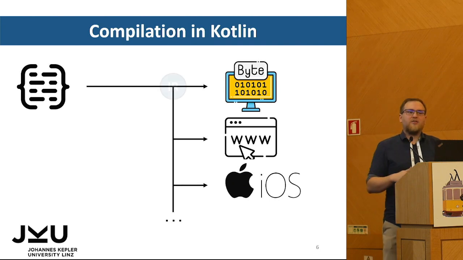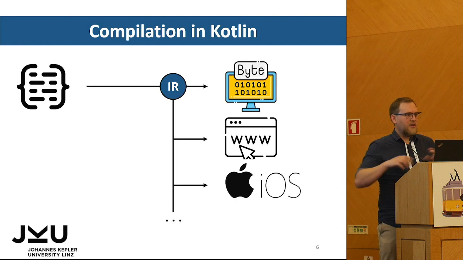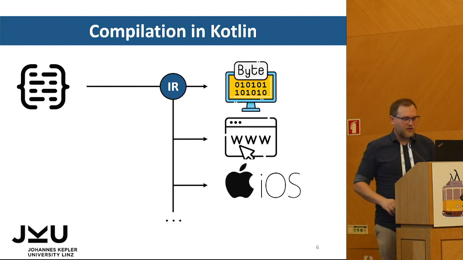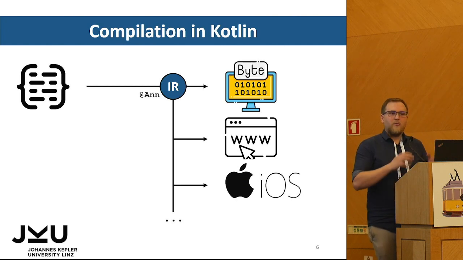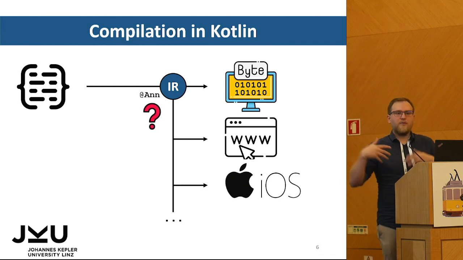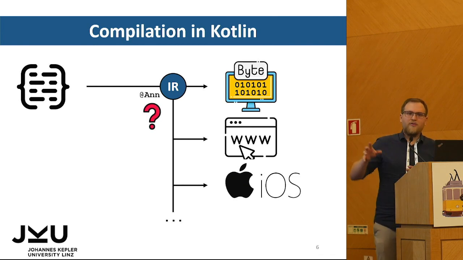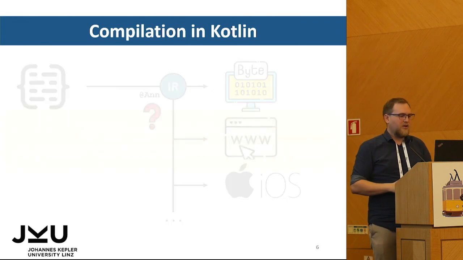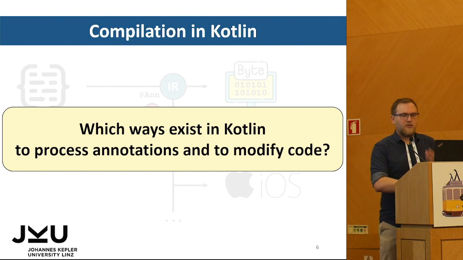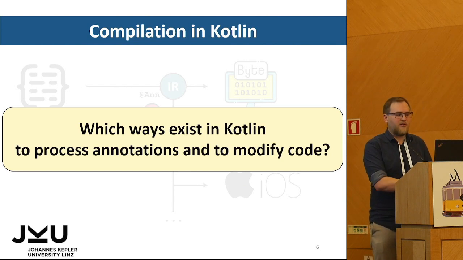Kotlin inside uses an intermediate representation to generate all these target codes. And now the big question is, when we see an annotation, how can we react to that annotation to modify the source code? And in the best case, not only for one specific target, but for all our targets. So which ways exist in Kotlin to process annotations and to modify the code?